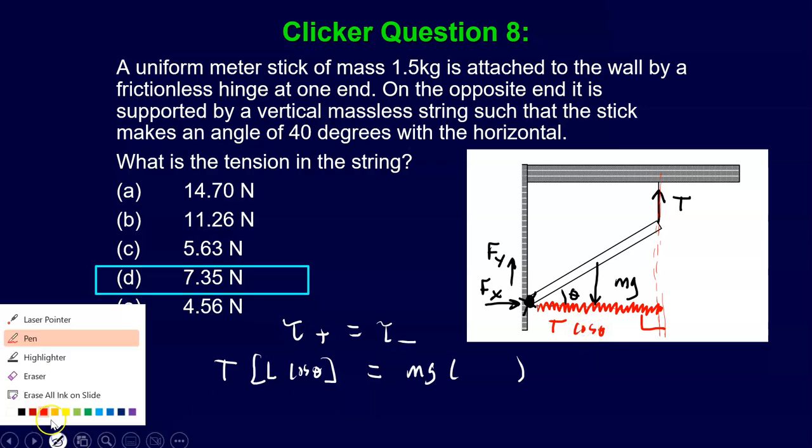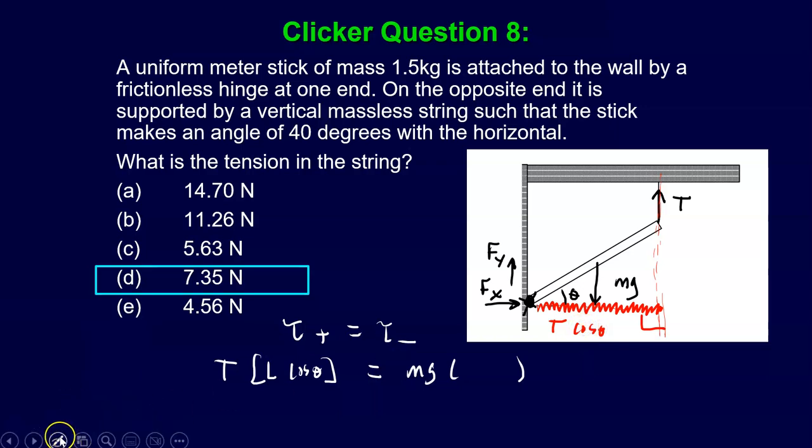Similarly, to find the other one, I'll use blue. Same idea: I draw this imaginary line through the mg, and it's basically the same distance, just half of it. This distance right over here would be the moment arm for that force, so that would be L divided by 2 cosine theta. We write this into our equation.